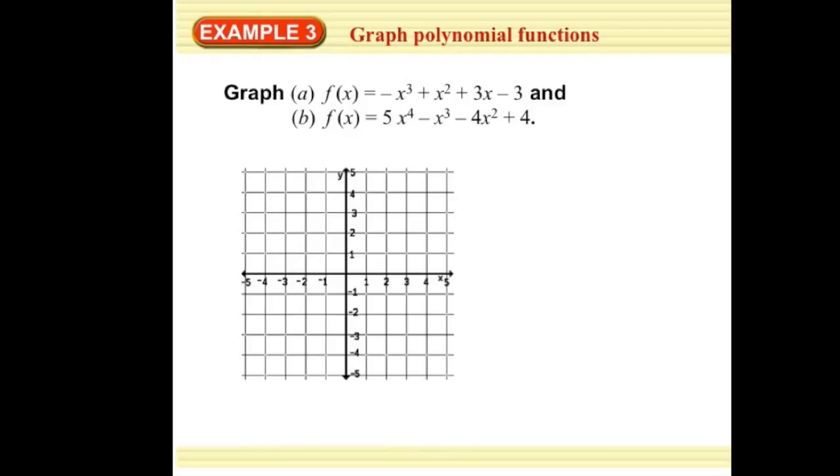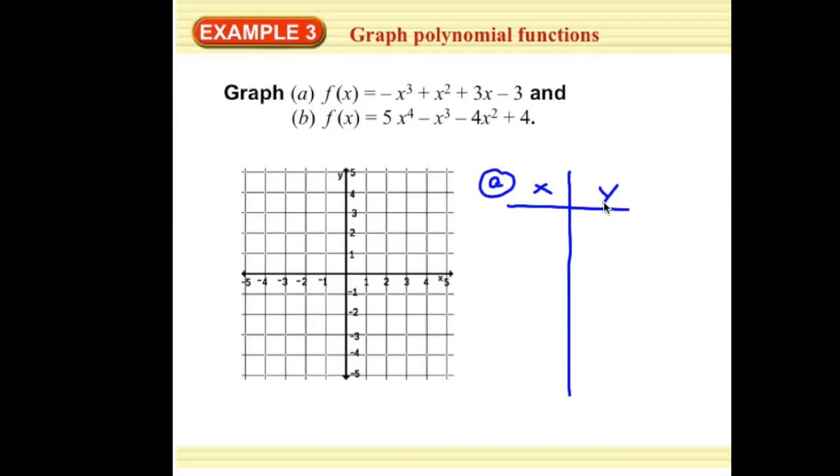Lastly, example 3 asks me to graph the polynomial function. The way I'm going to do this is I'm going to look at that function and I'm going to decide some values to plug in for x, and then I'm going to solve for y.